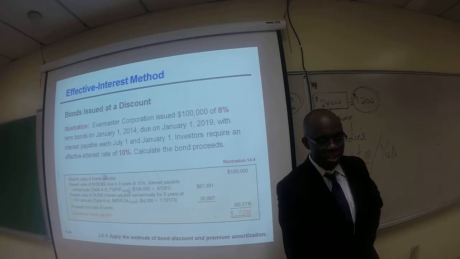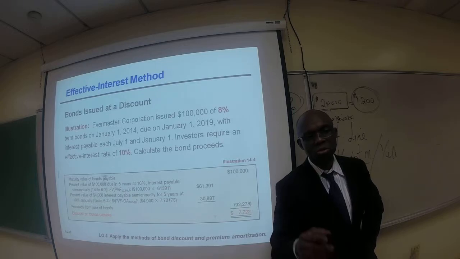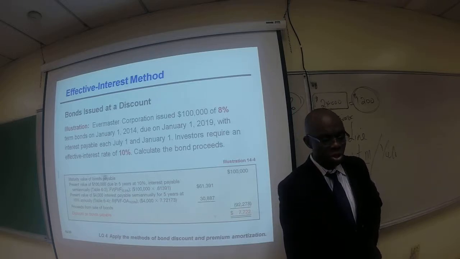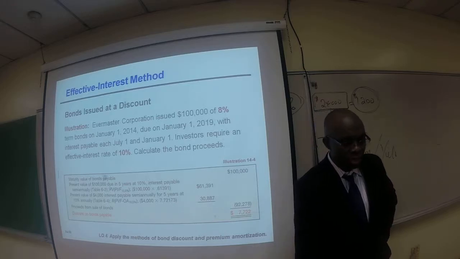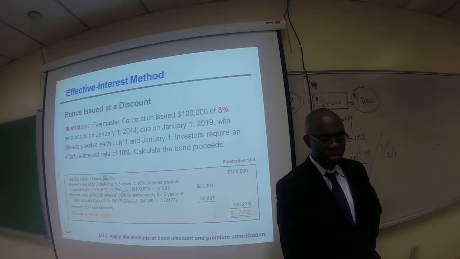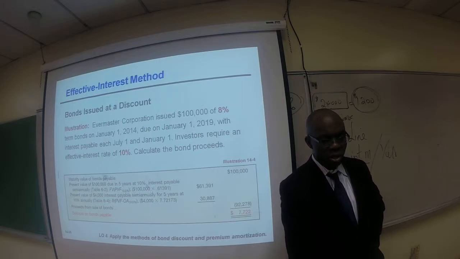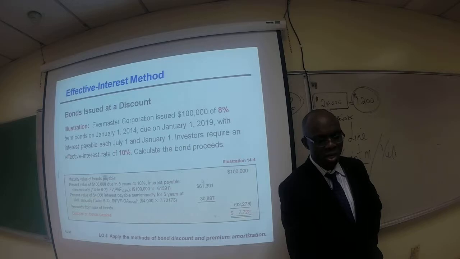So we look up the table, 5% instead of 10%, 10 periods. It's a 5 year bond; nevertheless, because interest is being paid every 6 months, that's going to be 10 interest periods. So we look up the present value interest factor, 5%, 10 periods, and here we are, 0.61319 multiplied by 100,000, that will give us 61,391.